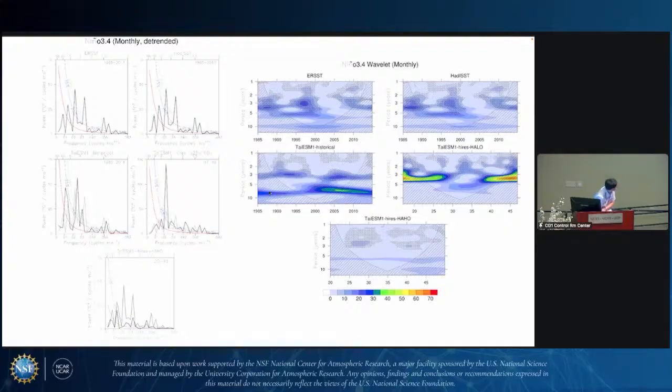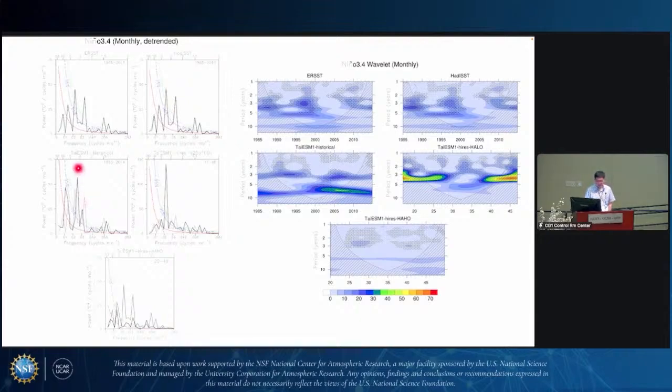Then this figure shows the power spectrum of ENSO. Maybe not very clear. The top two are observation, and this one is the low resolution TISM. The amplitude of the low resolution TISM is comparable to observation.